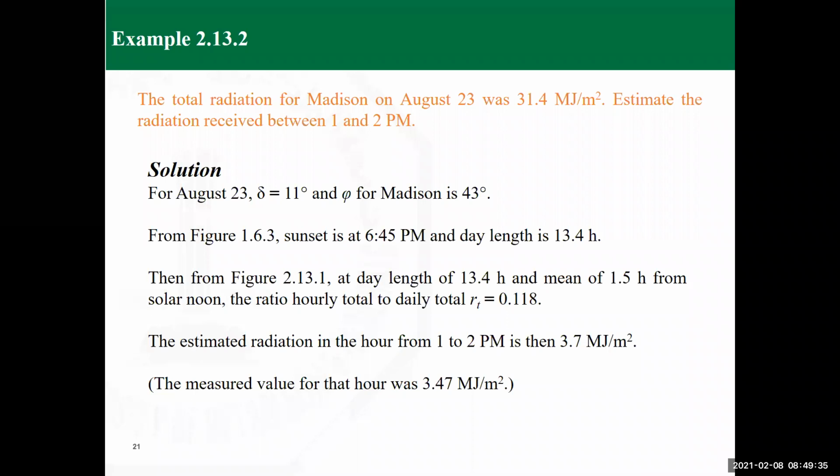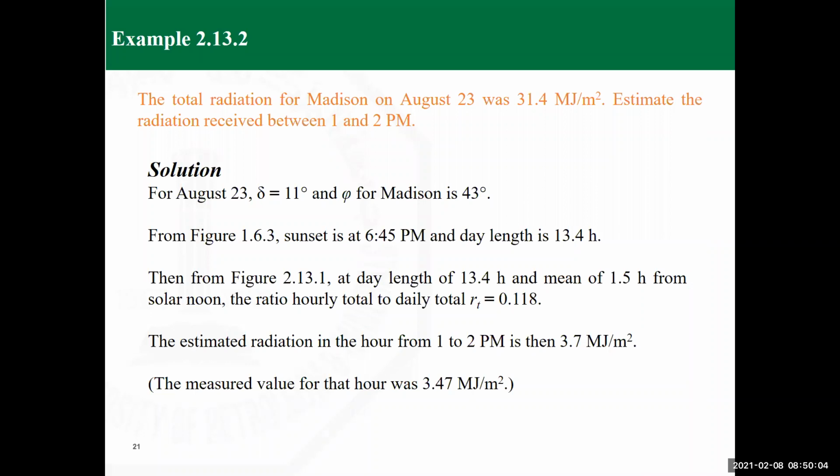And the day length, again, capital N, there is a couple of options for it. Either you may obtain it from a correlation or from a figure. So we can get the value of omega s, we can get the value of capital N, and then from the figure, knowing the capital N, and for a mean hour of 1.5 from solar noon, you can get the value of RT as 0.118, or you may, if you like, obtain it from the correlation.